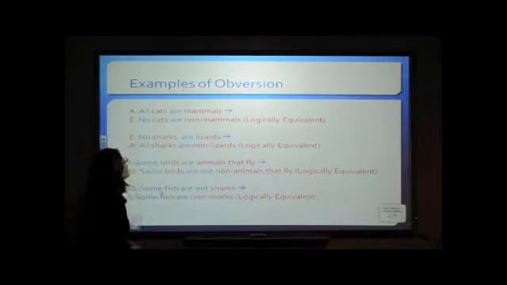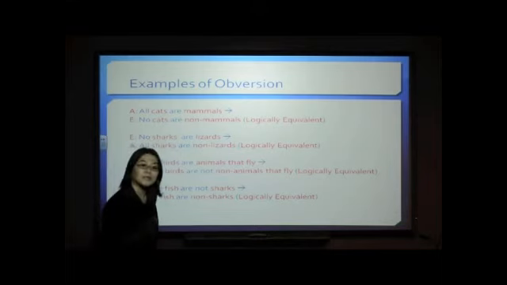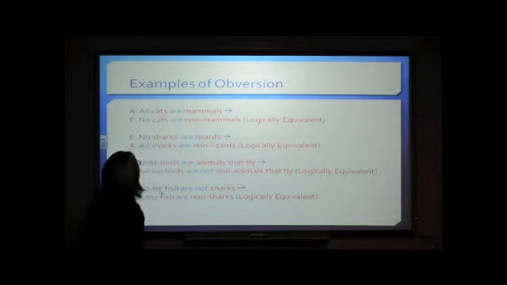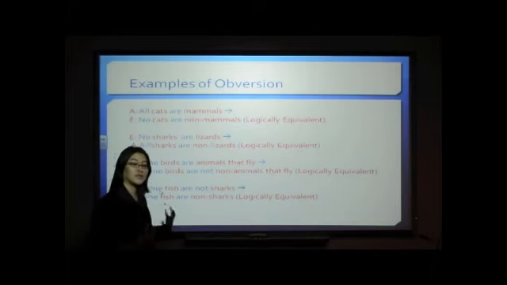Number one, notice how when you do obversion on any statement, you actually change the type of statement you have. Okay. So here you go from an A to an E-type statement, you go from an E to an A-type statement, you go from an I to an O-type statement, and you go from an O to an I-type statement. Okay. So that's something that you need to keep in mind.